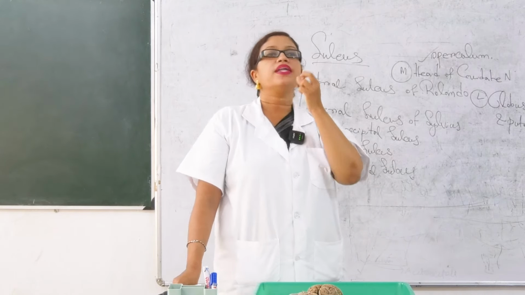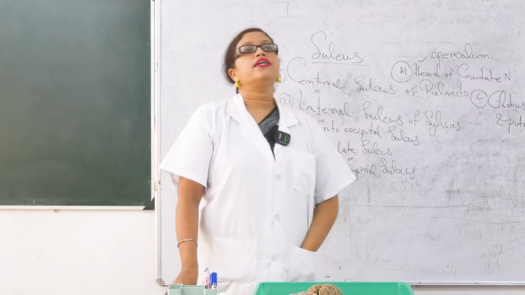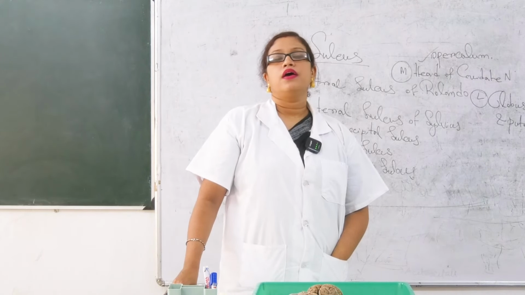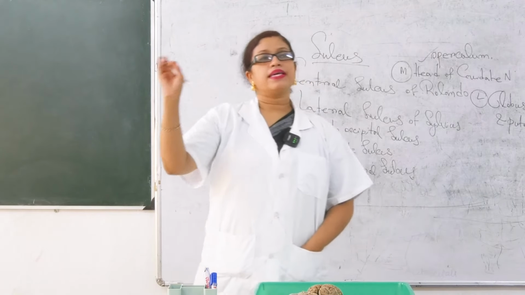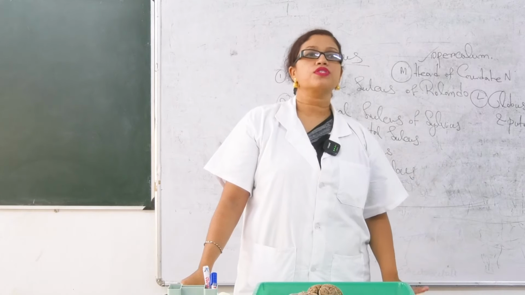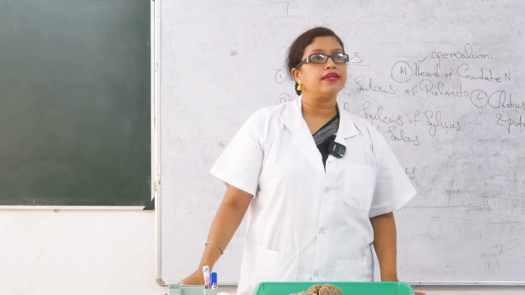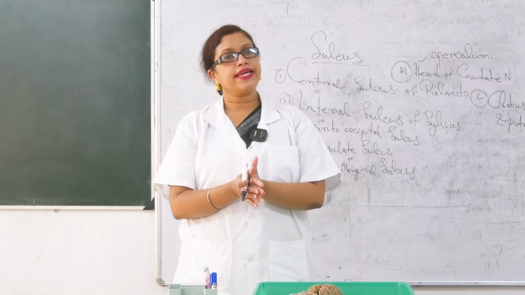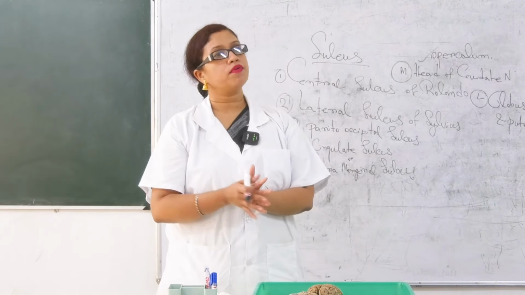Okay, then next, from the third to the fourth, how is it going? So just remember the CSF pathway. You have to remember there are two types of foramen, foramen of Luschka and foramen of Magendie. Which one is the medial foramen? That is the foramen of Magendie. The lateral one is the foramen of Luschka.